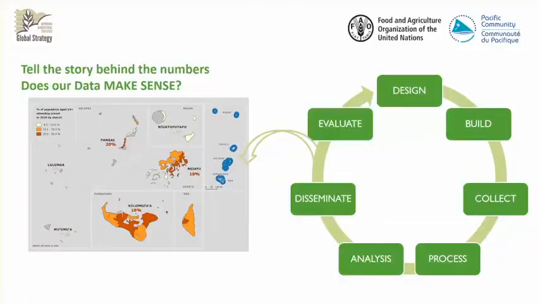Not forgotten, but maybe we are not allocating enough resources. But this is important: to put data over a map can help us to better disseminate data, okay? And at the same time, when we put the data on a map, it sometimes helps us to assess whether our data makes sense or not.